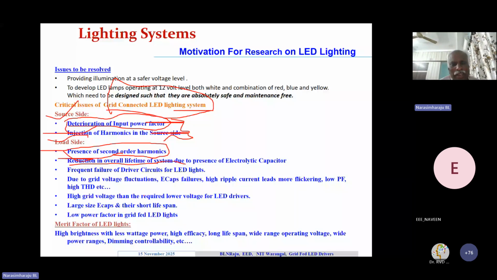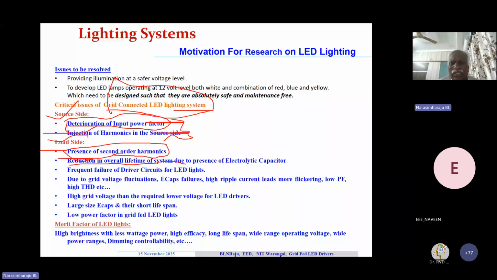The typical full wave rectifier output is 2Vm by π. Vm is root 2 times VRMS, and 220 volts is the VRMS. That means 2 root 2 times 220 by π. So that's the typical rectified DC output of a full wave rectifier, typically 190 to 200 volts DC directly after rectification.